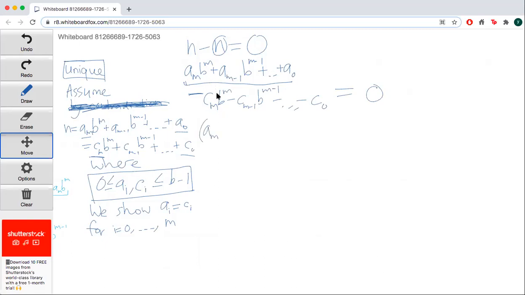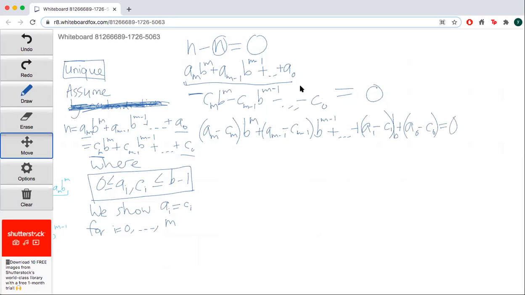So I've got a_m minus c_m times b to the m plus a_(m-1) minus c_(m-1) times b to the m minus 1 plus dot dot dot plus a1 minus c1 times b, plus a0 minus c0 equals 0.